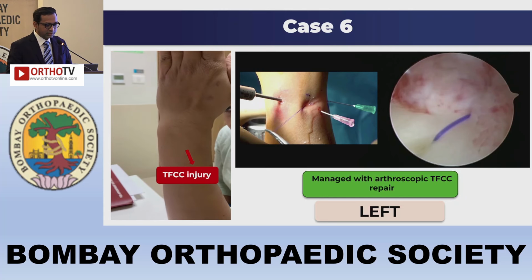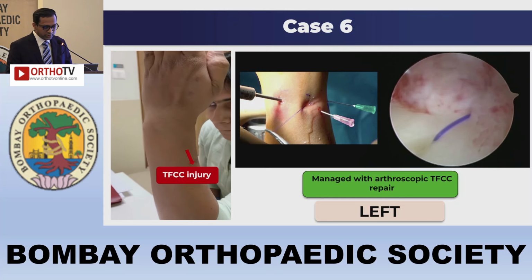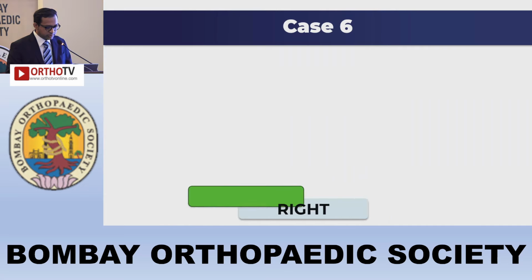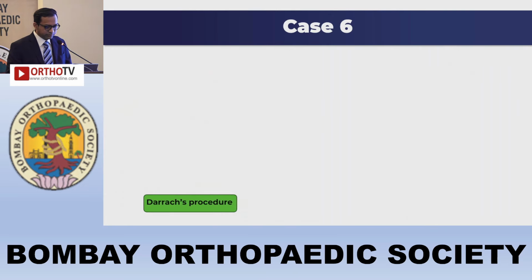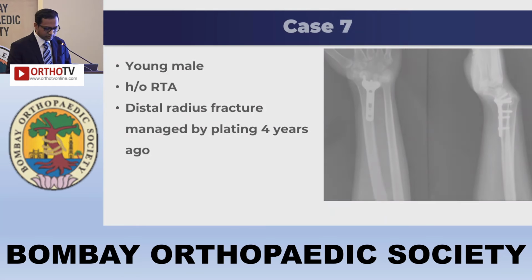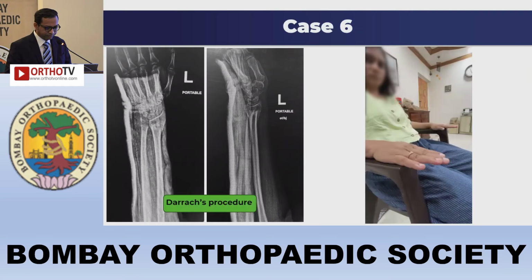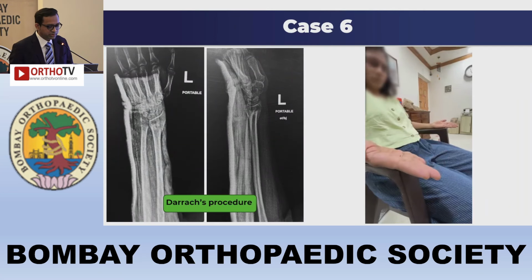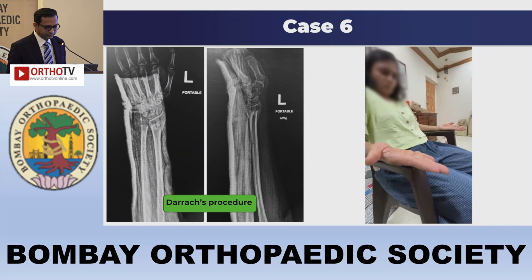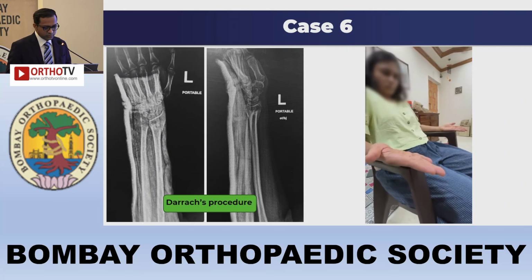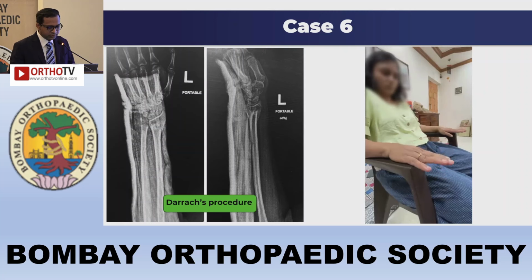And left side was non-dominant. So we just excised the distal part of the ulna. And she has got full flexion and extension. This is almost now 2 years from the surgery.